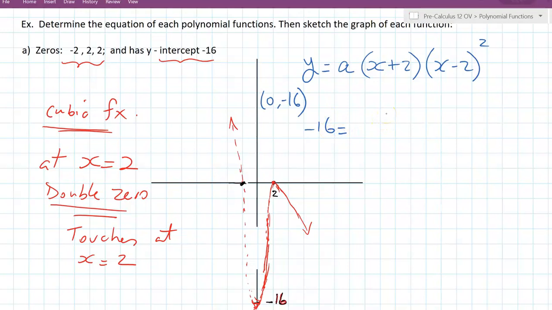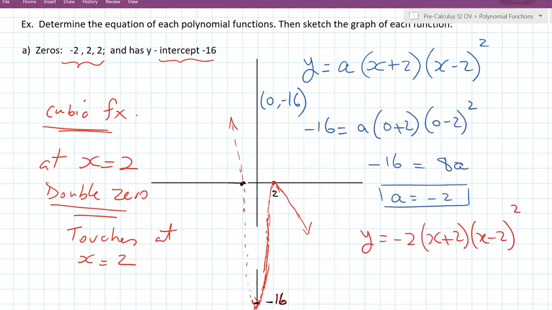When we solve for a, we get a equals -2. I just substituted 0 for x and -16 for y, solved for a, because we need to know the leading coefficient of this cubic function, and sure enough it is negative. We already anticipated that. So now let's double check with Desmos.